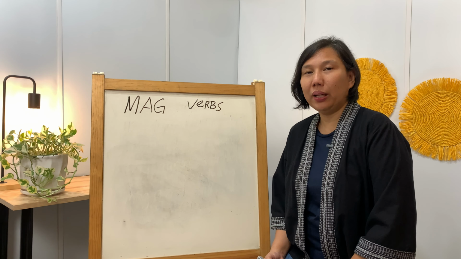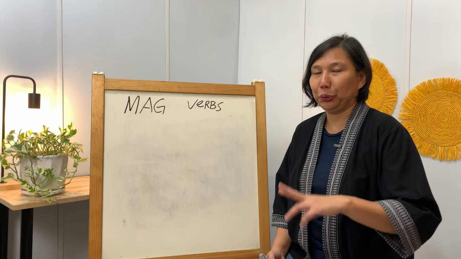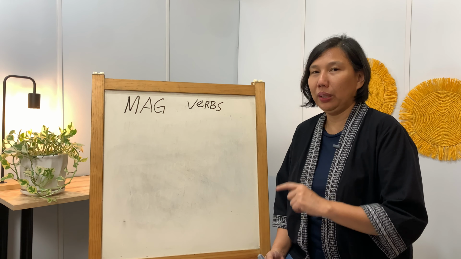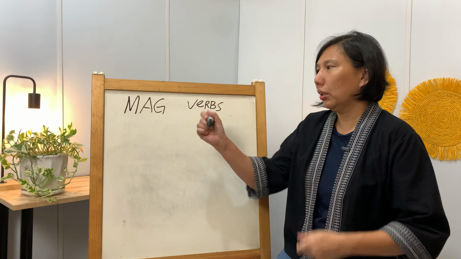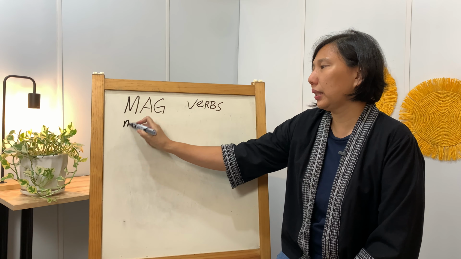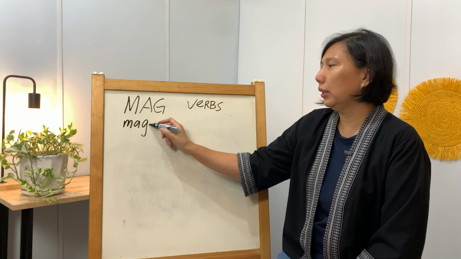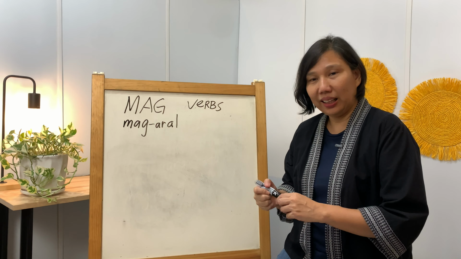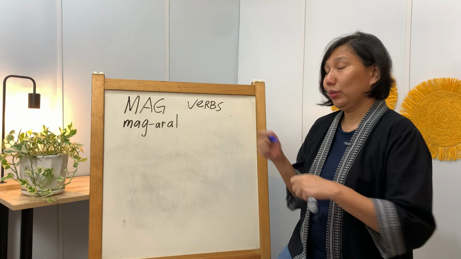Just to recap, I gave you two examples of verb roots, one beginning with a vowel and the other beginning with a consonant. The one beginning with a vowel is aral. So the infinitive is mag-aral, which means to study.